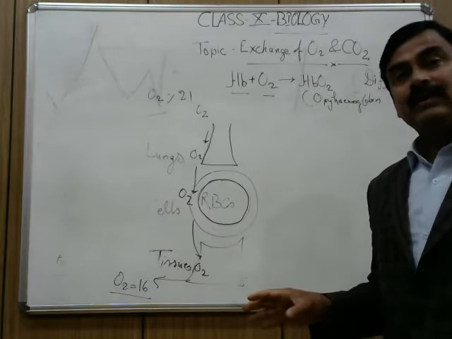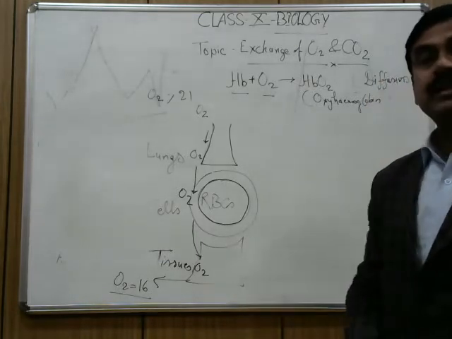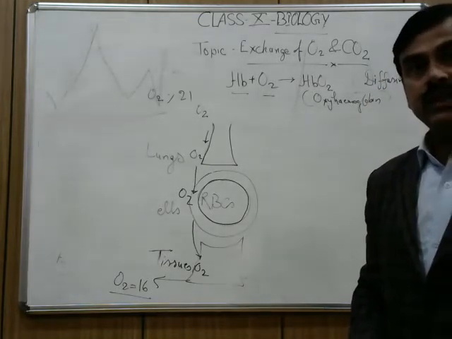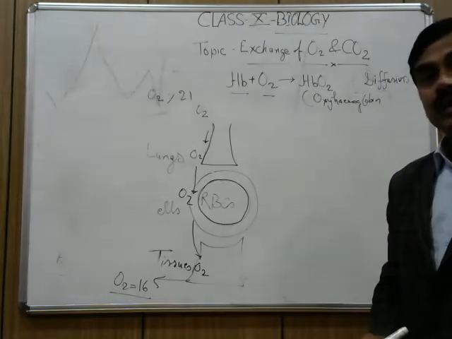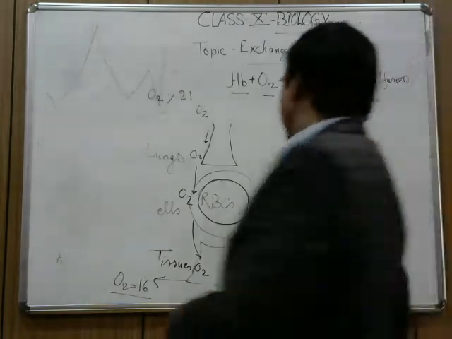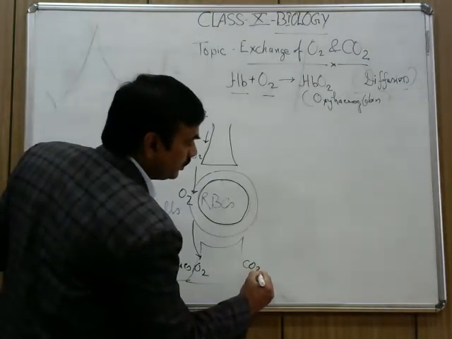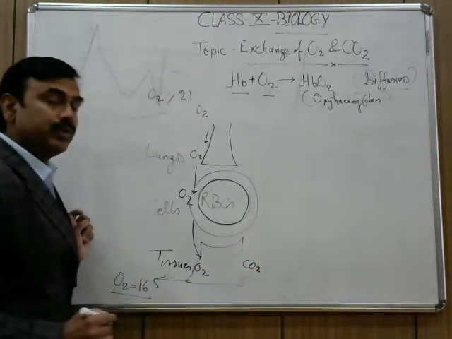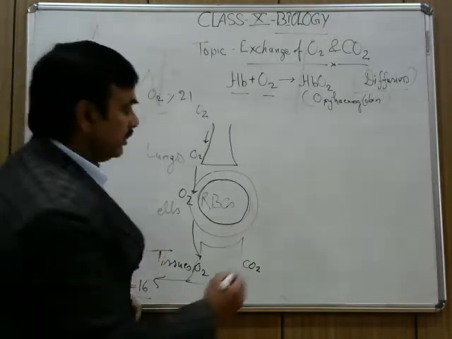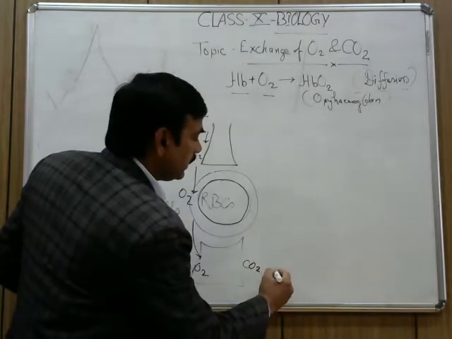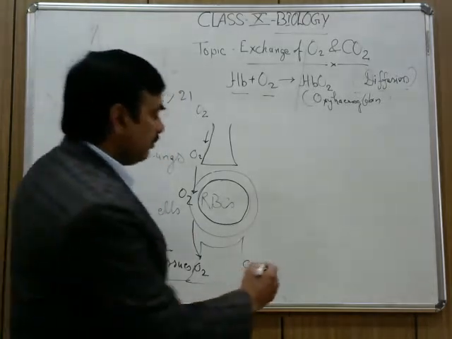and on the other hand, what will happen? You see the O2 is going to be converted into CO2, and opposite to this, CO2 will be produced, and this CO2 percentage is 4%.